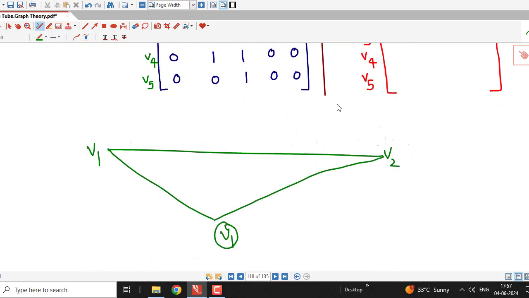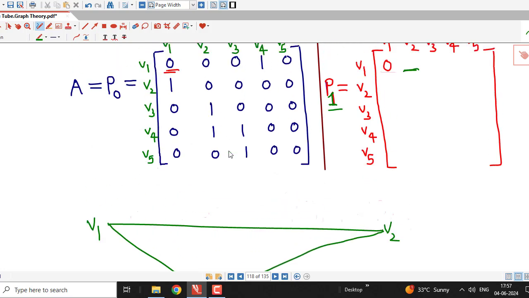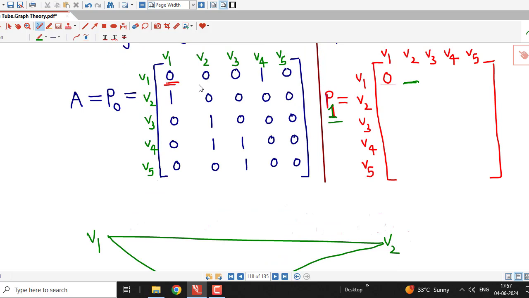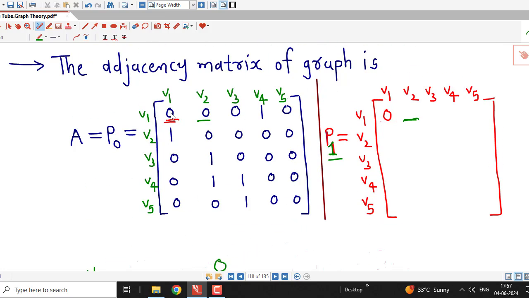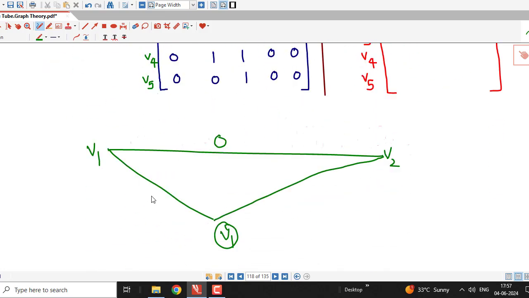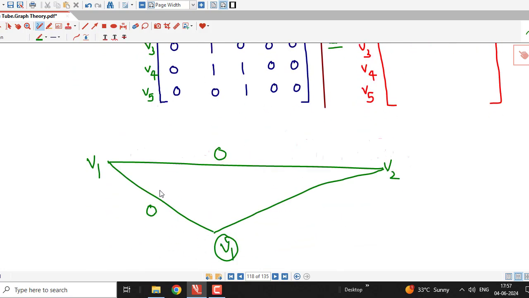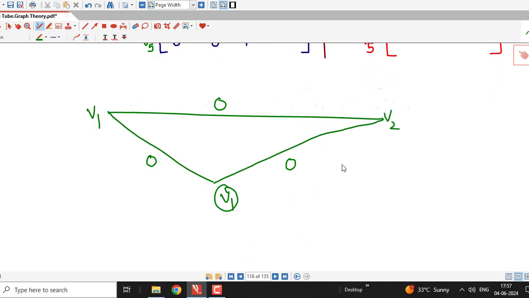Now what I am doing, I will write the entry from P0 corresponding to V1 to V2. So we can see from V1 to V2 we have 0 here. Now what is the entry from V1 to V1? That is also 0. So here I write 0. And what is the entry corresponding to V1 to V2? That is this entry V1 to V2.